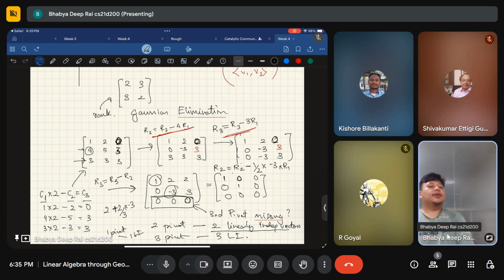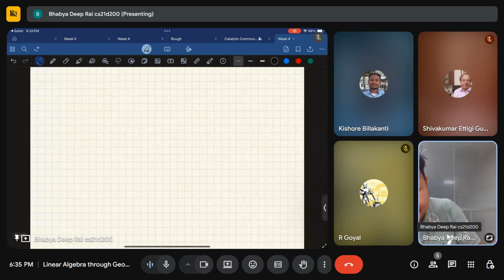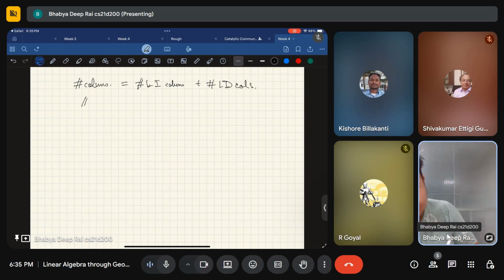So the total number of columns will be equal to the number of linearly independent columns plus the number of linearly dependent columns, or equivalently, in a square matrix, the number of rows is equal to the number of linearly independent rows plus the number of linearly dependent rows.